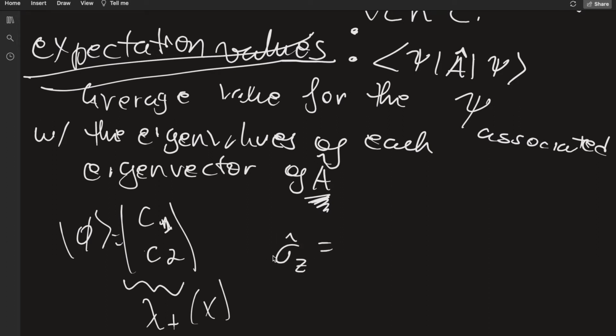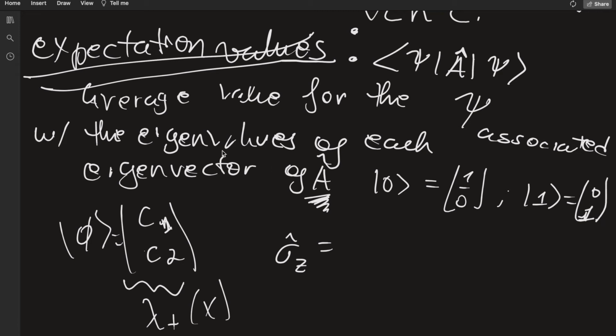This is called a spin matrix, the spin operator on Z, right? So we have two eigenvectors, this and this, which are also the basis, so it makes it easier.